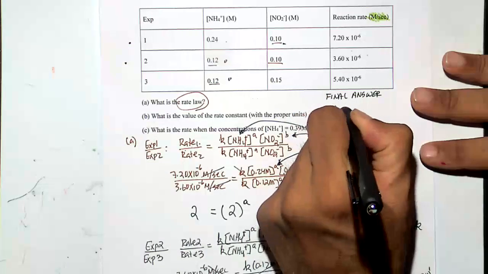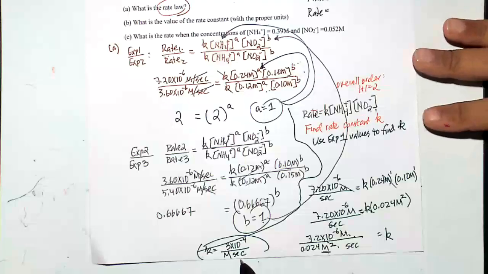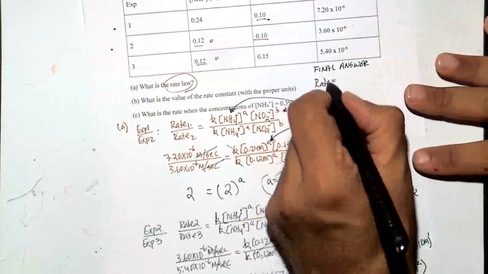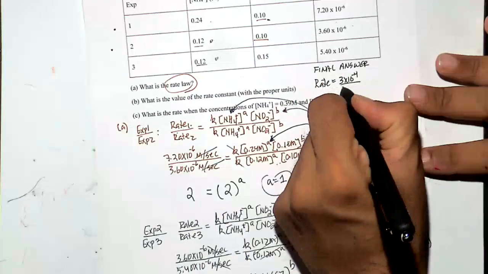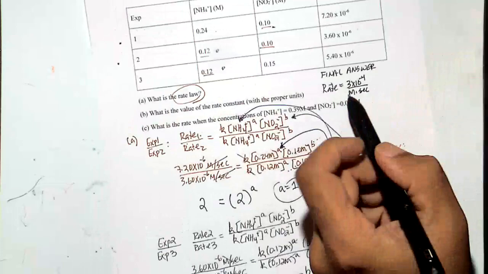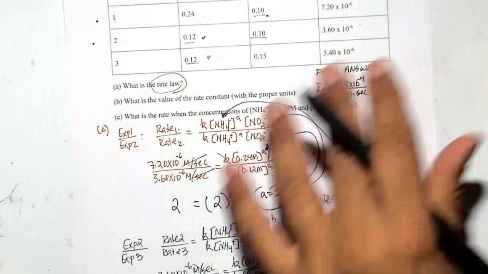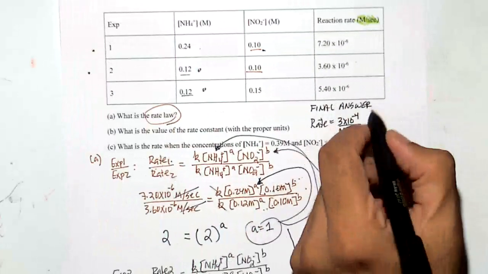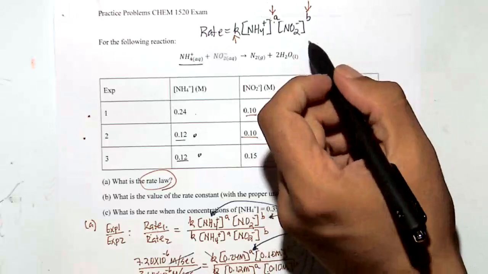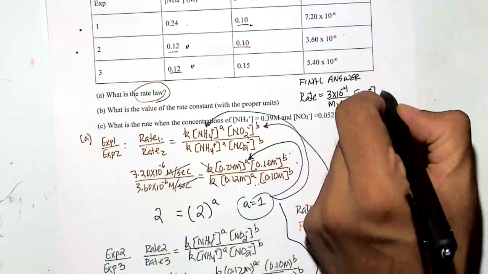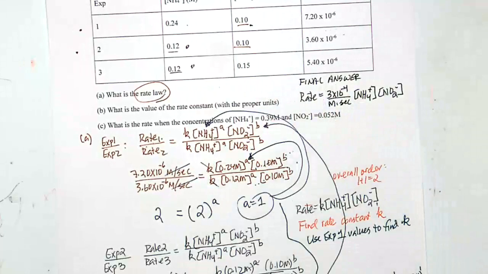Rate is equal to k, 3 times 10 to the minus 4, M to the minus 1, seconds to the minus 1, or you can write it like that, times NH4 plus to the power of 1 times NO2 minus to the power of 1. And this is our answer.